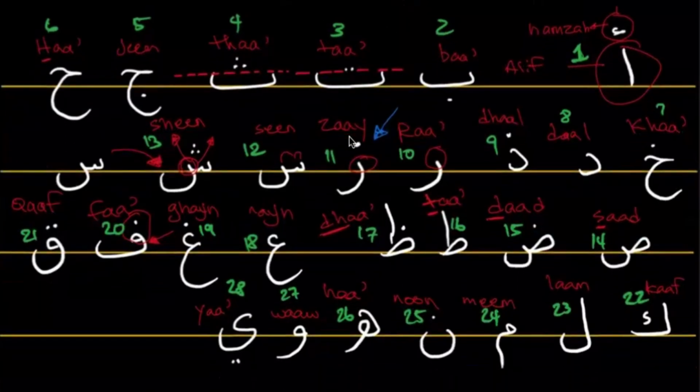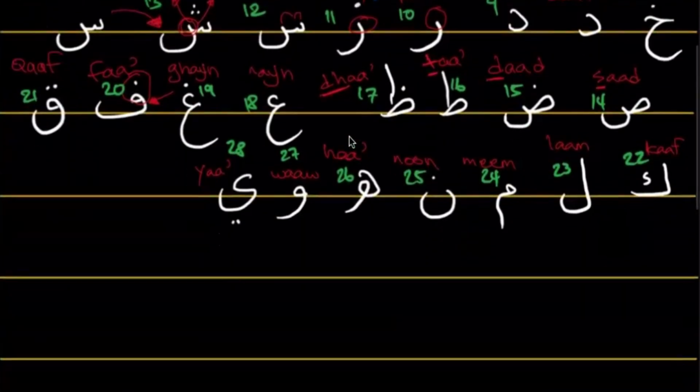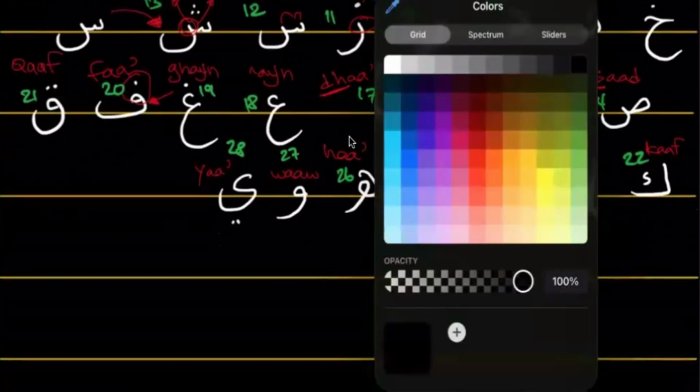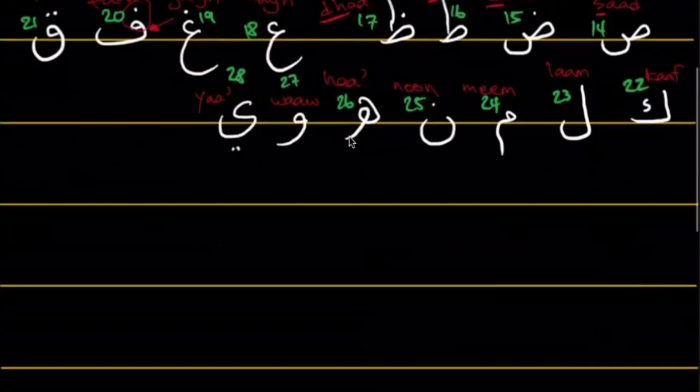I'm going to start with number two, Ba. Who's in the family of Ba? Here's letter Ba. Who's in the family of Ba? Meem and Waw and Fa.